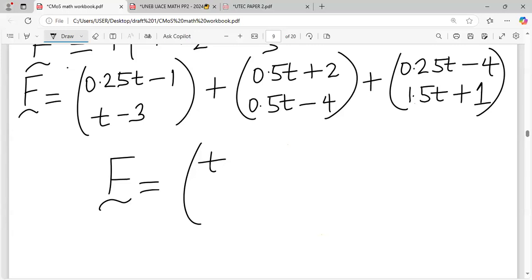Minus 4, that is negative 3, so I'll put minus 3. For the j component, t plus 0.5 t, that is 1.5, plus 1.5, that is 3. So here I have 3t. Negative 3 minus 4, negative 7. Plus 1, negative 6. So I have here negative 6.